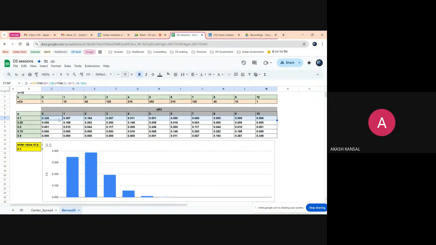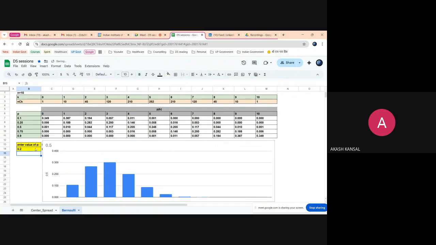What it means is that for a k of 0, the probability is almost 0.34, and the maximum probability is having one success, which is this, about 0.387. Now let's try changing the value of p and see how this graph looks. Right now it is 0.1. If I change it to 0.2, what happens? Just observe it.